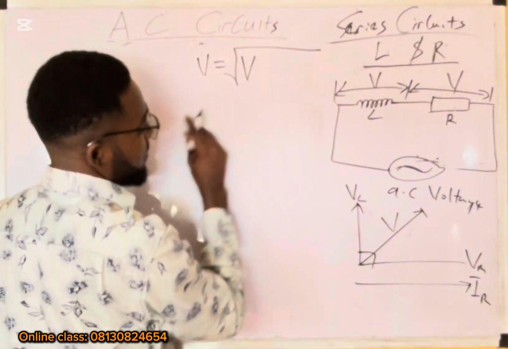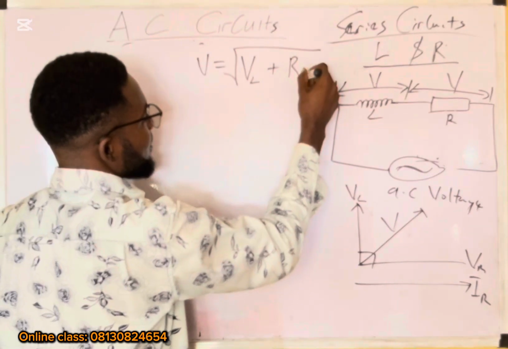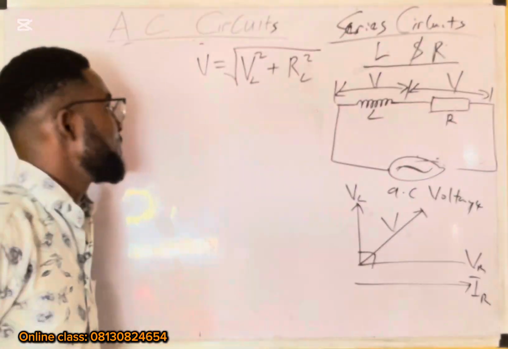Using the triangular law of vector, V is equal to the square root of V subscript L squared plus V subscript R squared.